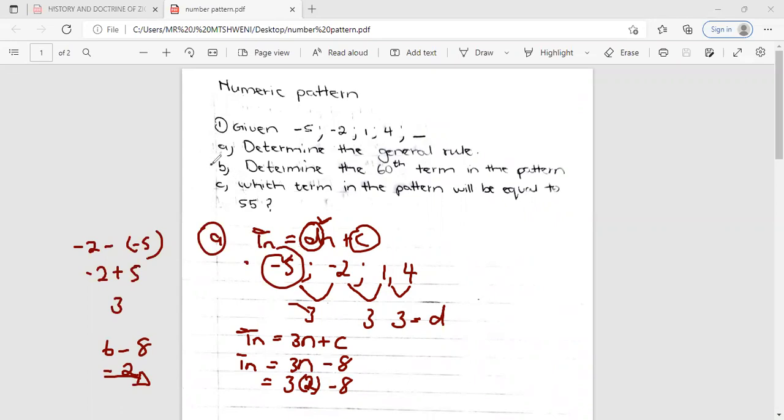Then we come to B, which says determine the 60th term in the pattern. Remember that we have found the rule.